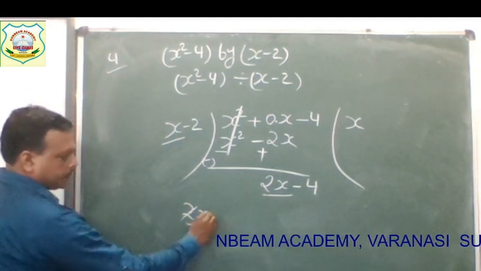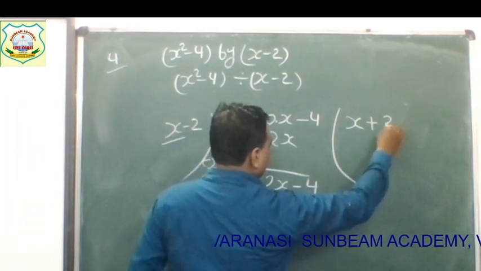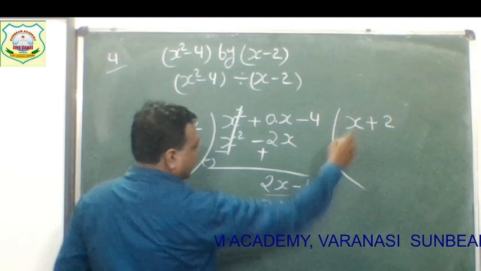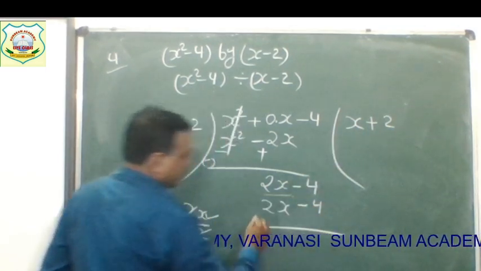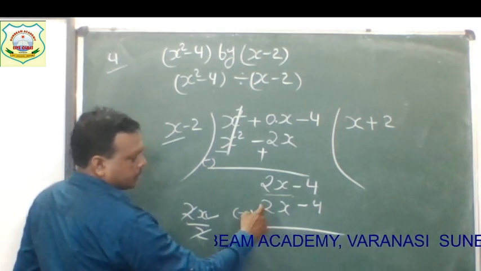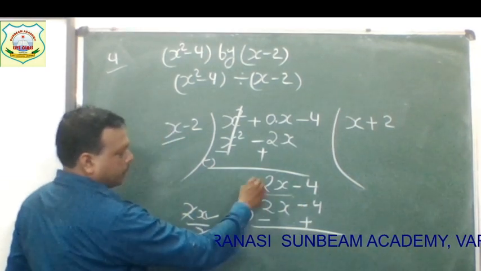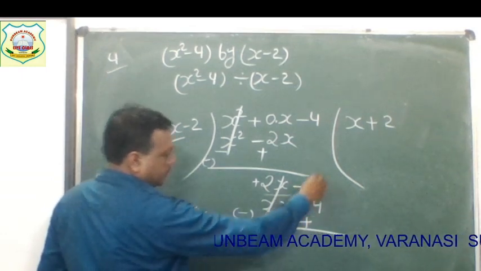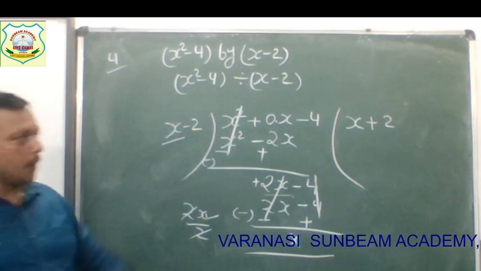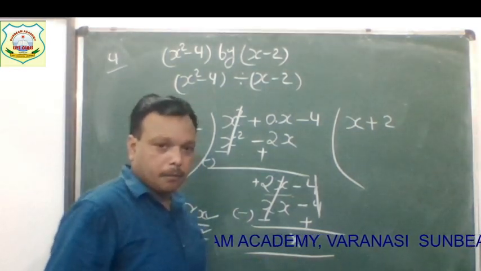Only x will come. So x into 2 is 2x, so we write here plus 2. 2 into x, that is 2x, 2 twos are 4. Here we are doing the minus, so plus into minus is minus, minus into minus is plus. So this one is minus, this one is plus, so it will cancel, plus and minus will also cancel. So students, you can see here what value we have got: x plus 2. x plus 2 is the quotient and the remainder is 0.